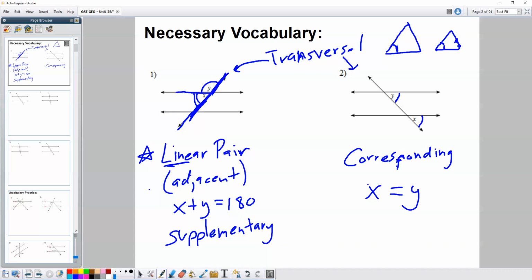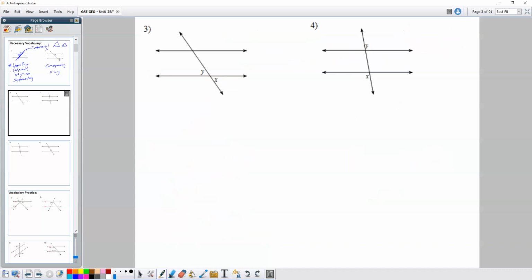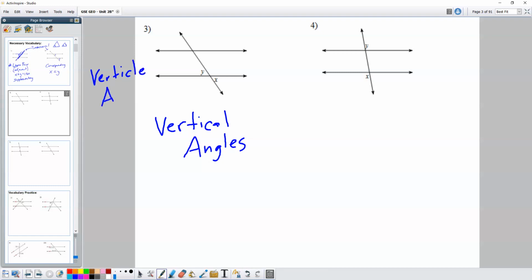Let's look at the next set. Number three, these are called vertical angles. And make sure you spell that correctly. So make sure you spell it correctly, vertical angles.